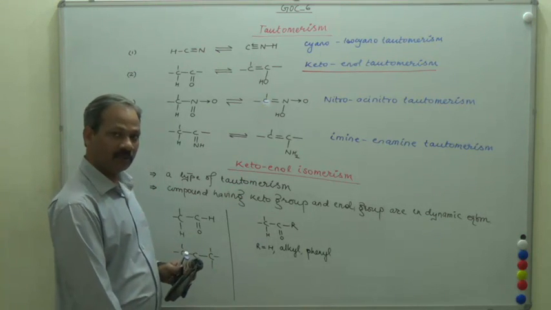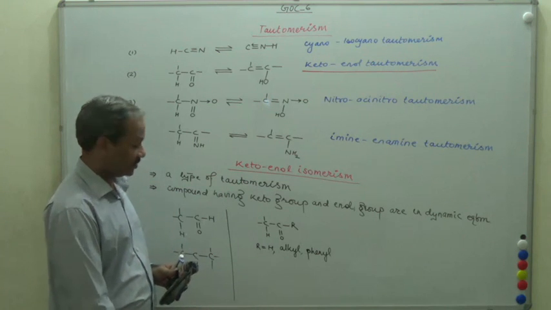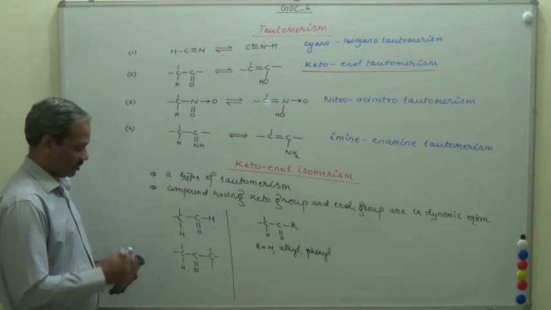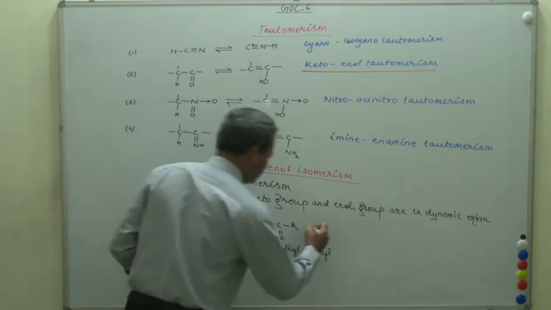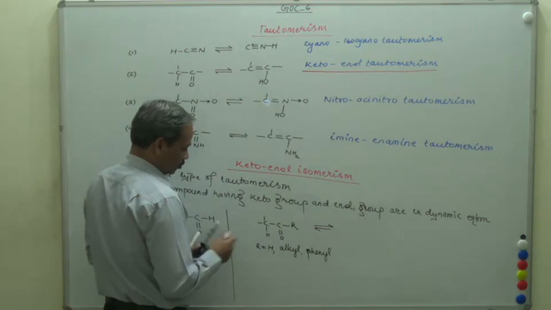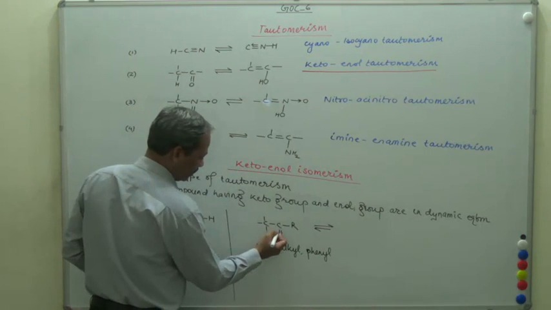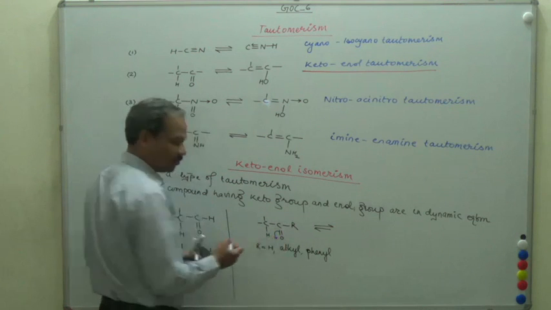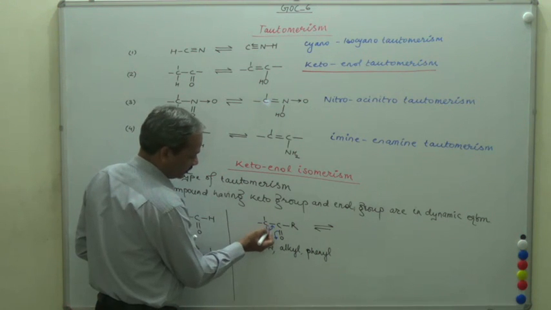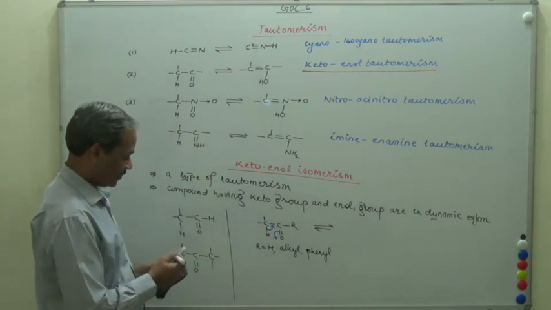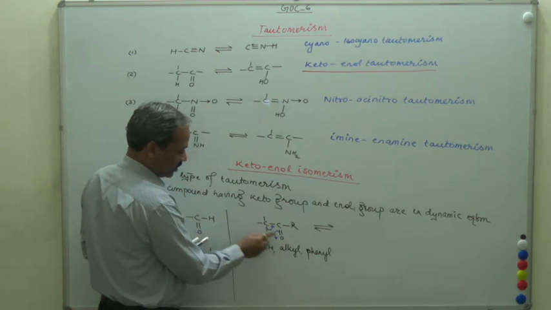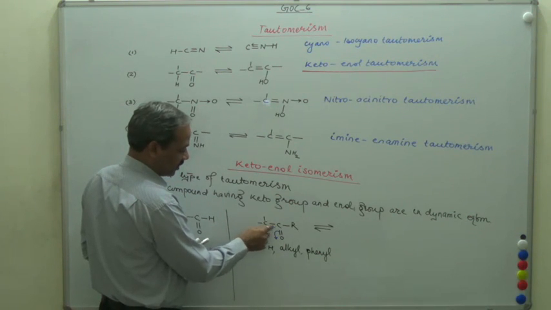And all these compounds can show tautomerism, keto-enol isomerism. And this compound will be in dynamic equilibrium with enolic form. Now to draw this structure of enolic form, what we have to do, make a bond between hydrogen and oxygen and remove bond from carbon and hydrogen and make it between carbon and carbon. So this bond will shift between hydrogen and oxygen. This bond will cleave and will shift between carbon and carbon.